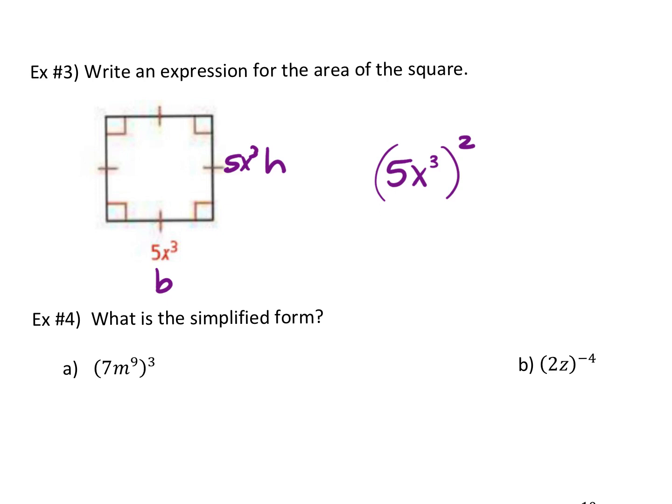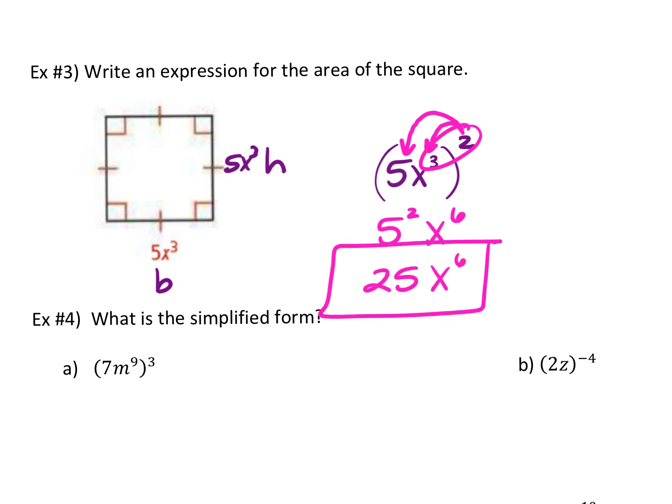What we're doing is we're taking this to the second power, so 5 to the second, and we're taking this to the second power. Do I add these or multiply the 3 and 2? A power to a power, you multiply, okay? So this is going to be x to the 6th power. What's 5 squared? 25. So 25x to the 6th power would be the expression for the area of that square.